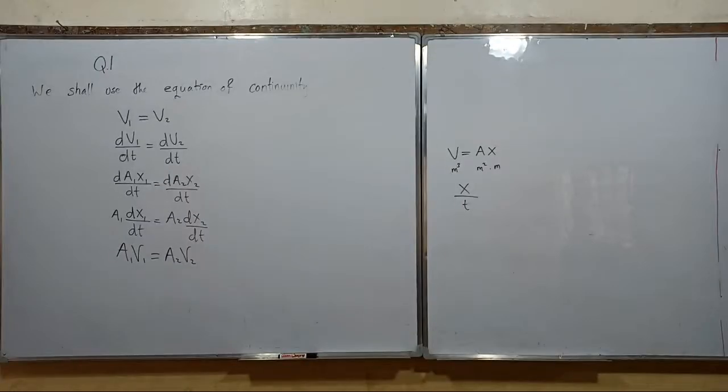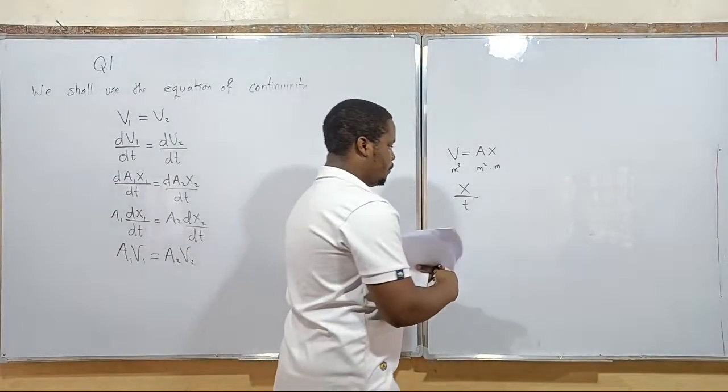There's no harm. So now, the question says the internal diameter is 1.9, so we'll have to do some conversions. Okay, so the idea is, let's just break it down.